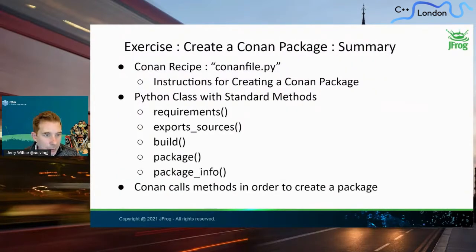Now we briefly want to recap what we've done. Here are the key takeaways. A Conan recipe is always named conanfile.py, and it contains the instructions for creating a Conan package for a project.